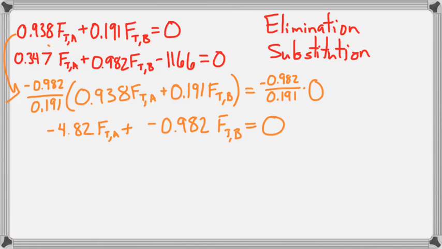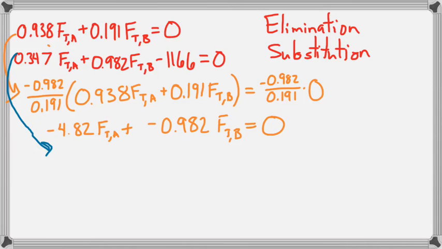Okay, I'm going to rewrite this equation, this one right here. I'm going to rewrite it below. And along with that, I'm also going to move this 1166 over to this side by adding 1166 to both sides. So you're actually going to see this one over on this side. Okay, so let's go ahead and move that equation down here with that little change.